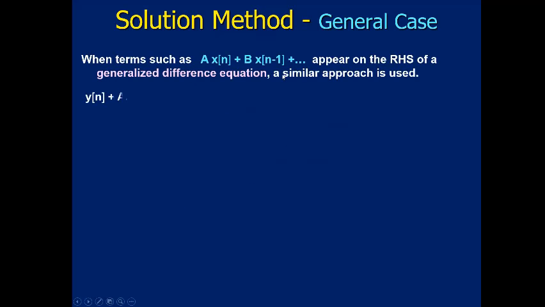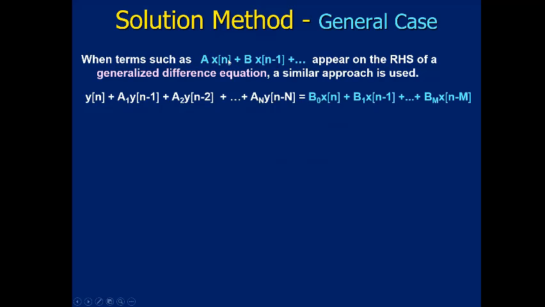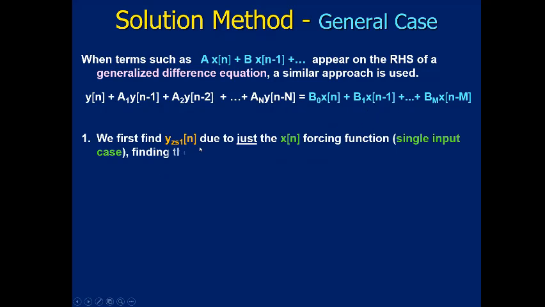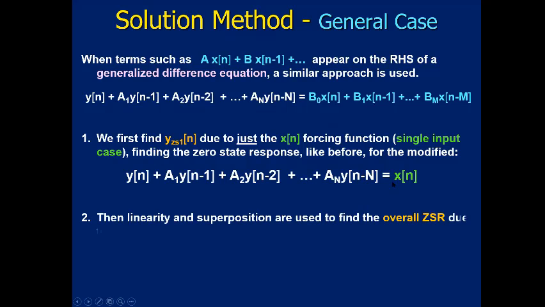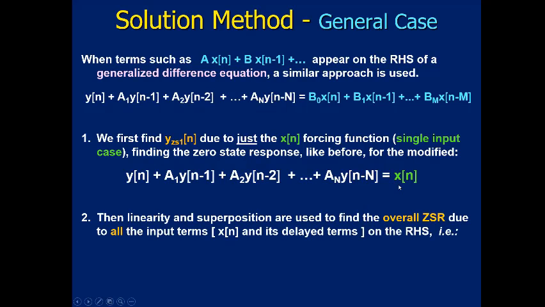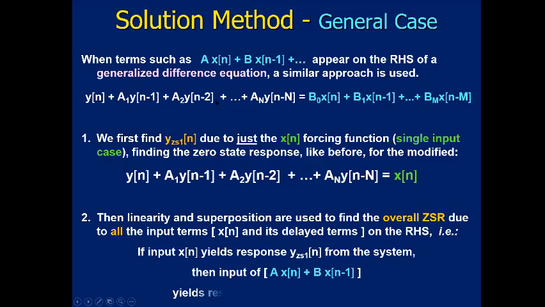If you've got things on the x side of the equation, a b0 x sub n and a b1 x sub n minus 1, and maybe some more delay terms, we find that single input case, where I just have x sub n on that side, and use linearity and superposition to find the zero state response for the general equation.